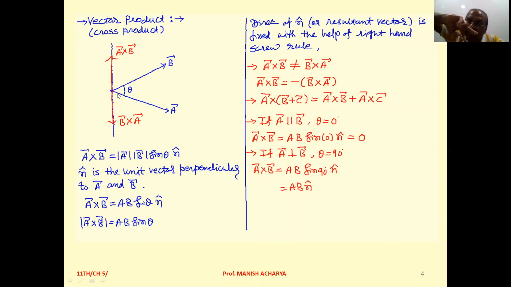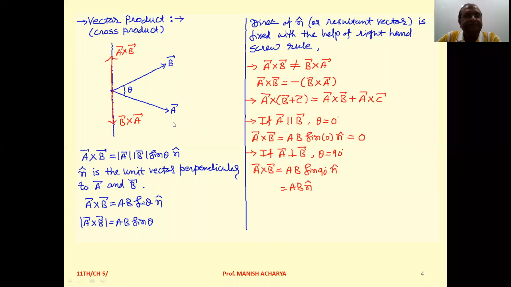Similarly, if we take B cross A, then rotate the right-handed screw from B to A. So we rotate it like this, then it will move in the downward direction. So B cross A is downward. Clear to all of you? Any doubt in this one?